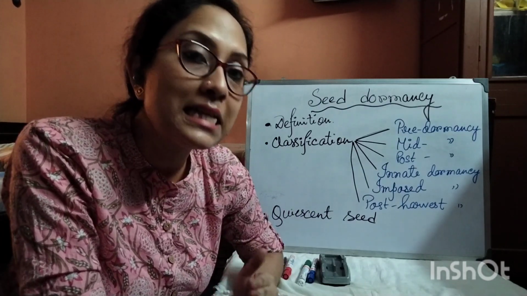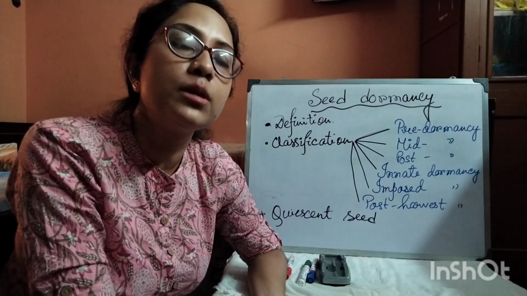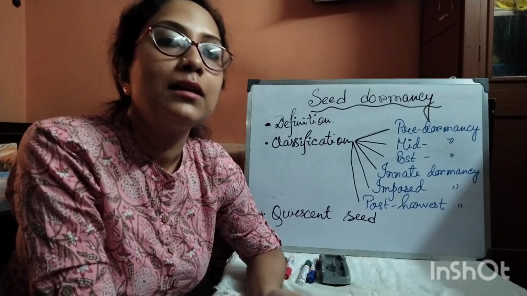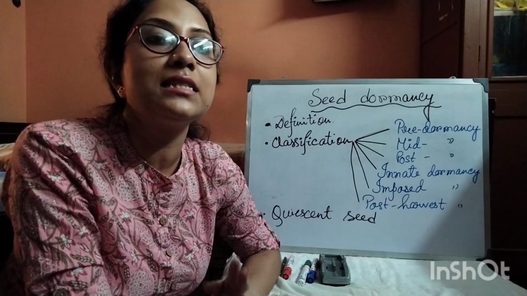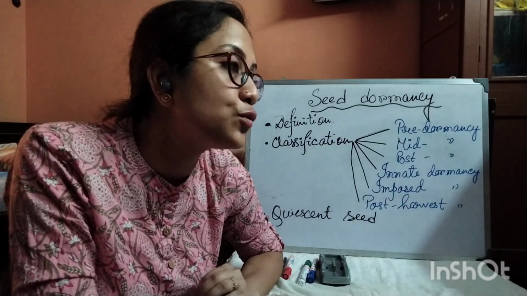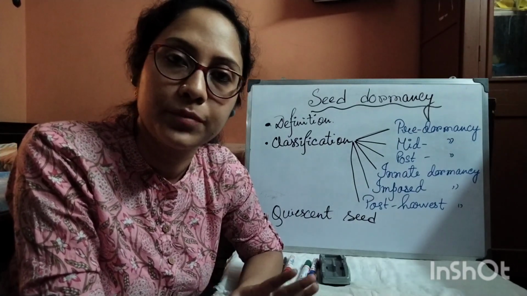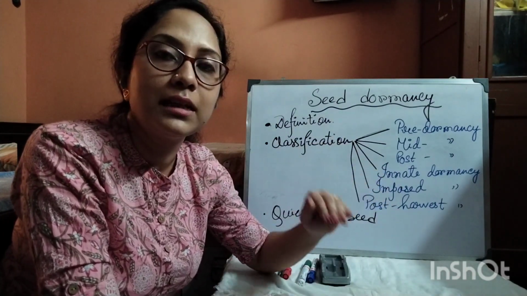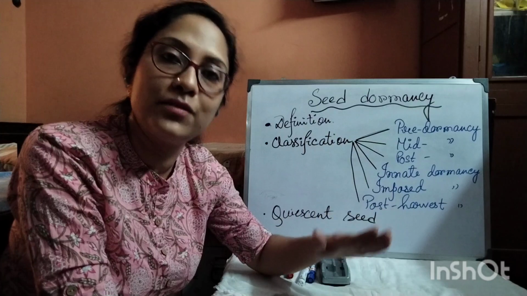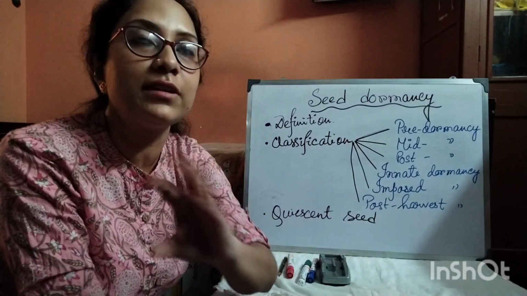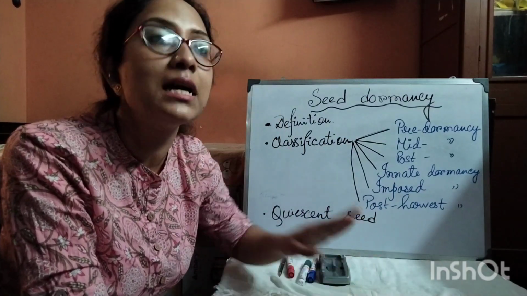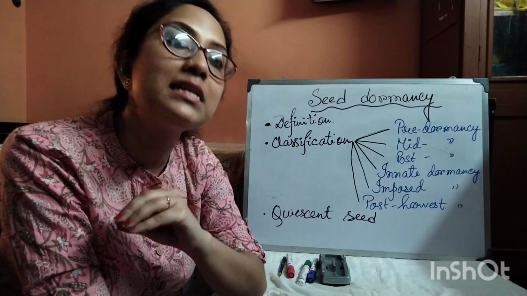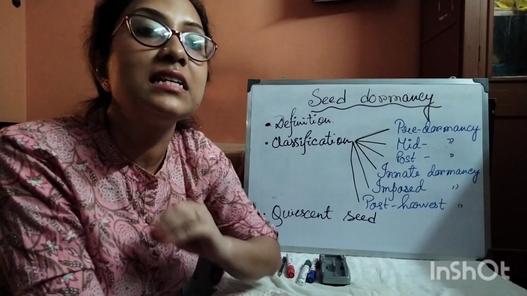If in the seed there is a higher amount of abscisic acid, then the seed will remain in a dormant state. It won't germinate at all. But if it is the opposite scenario, the level of gibberellin is higher and the level of abscisic acid is lower, then definitely the seed will germinate, because gibberellin is the hormone for seed germination.